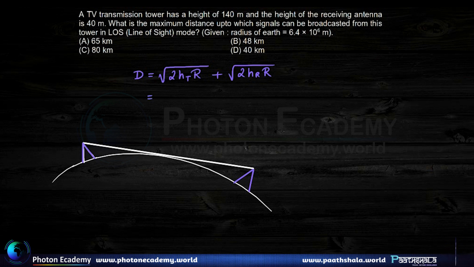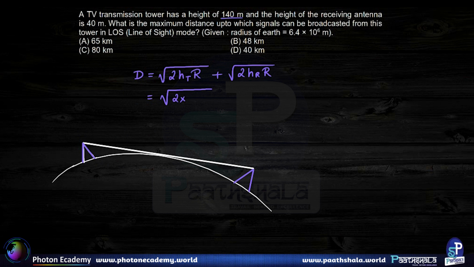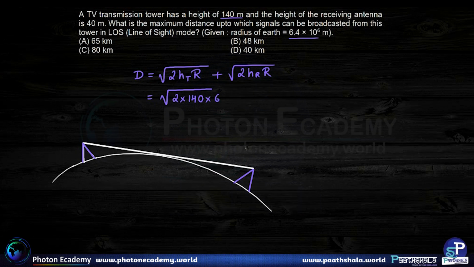Alright, so this is going to be root over 2 into height of the transmitting antenna, which is given to be 140 meters, so root over 2 into 140 meters into R. The radius of Earth is a known fact that it is 6400 kilometers, that is 6.4 into 10 raised to 6 meters.